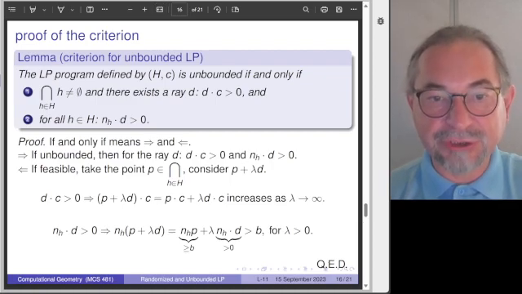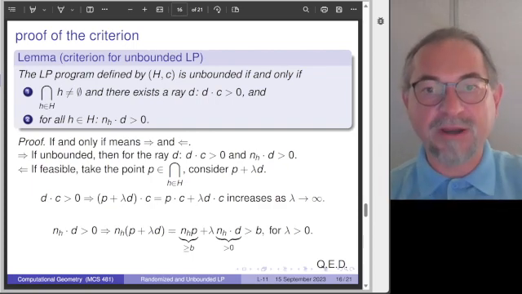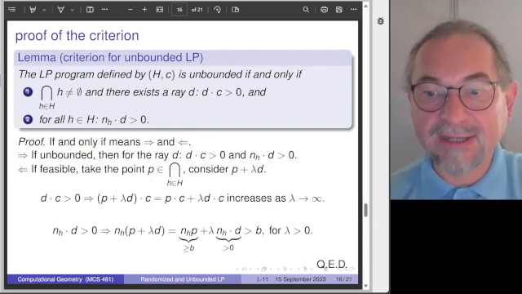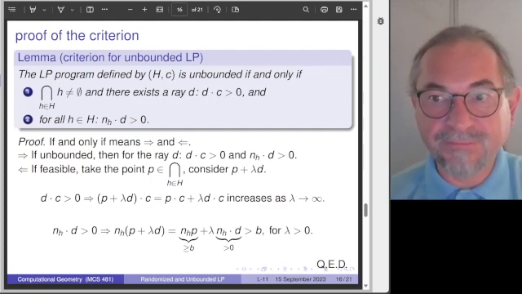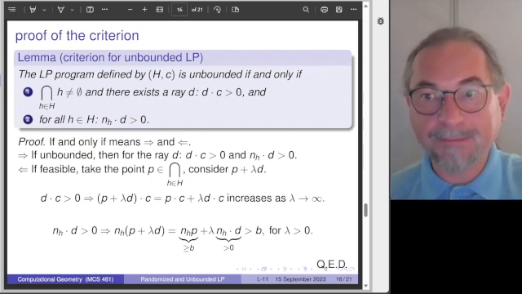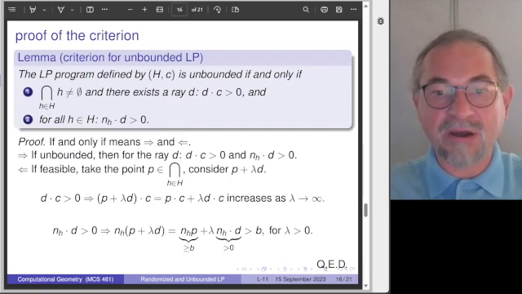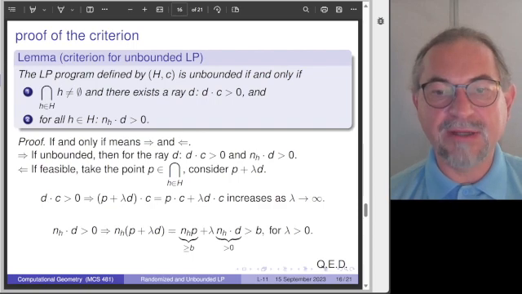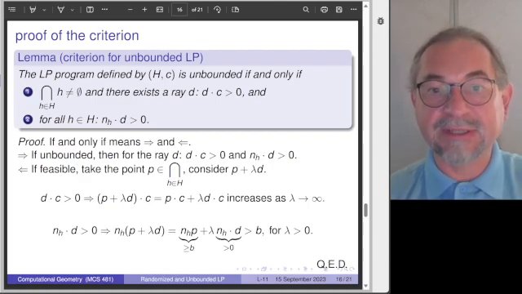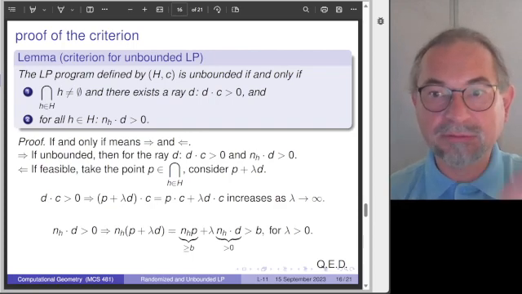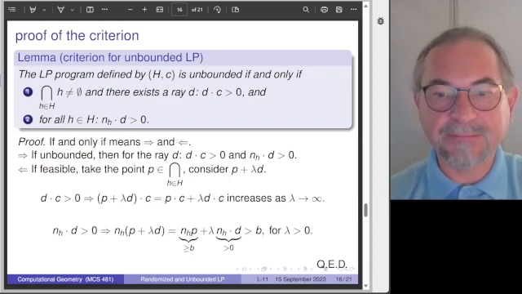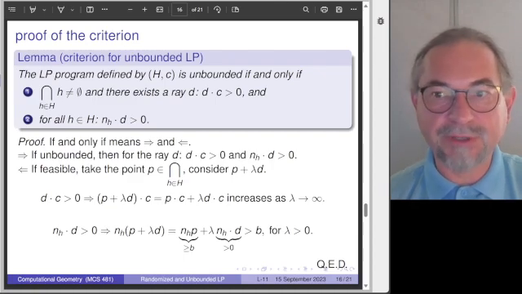And reading the lemma from right to left, we have the condition that any inner normal, a normal to any line that defines a half plane, does not cause an obstruction for the ray d. So we will stay inside the polyhedron. This also indicates the unboundedness, so we can walk until lambda is infinity. Okay, that proves the criterion.